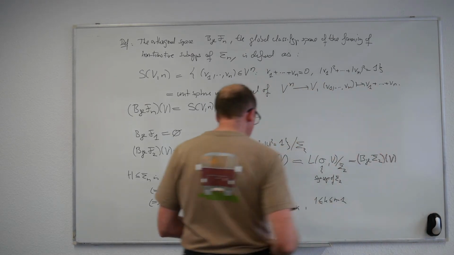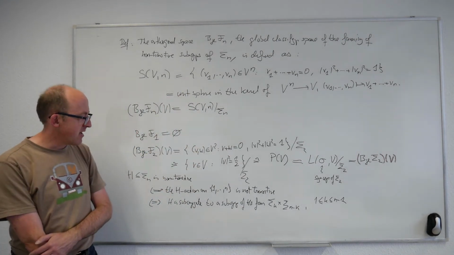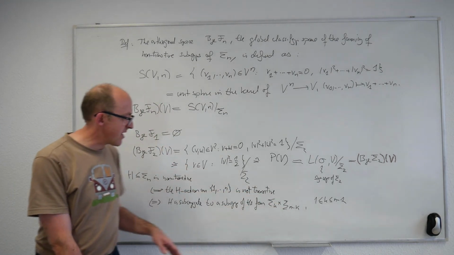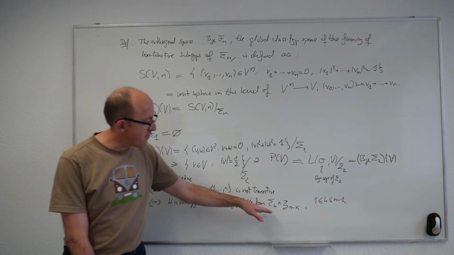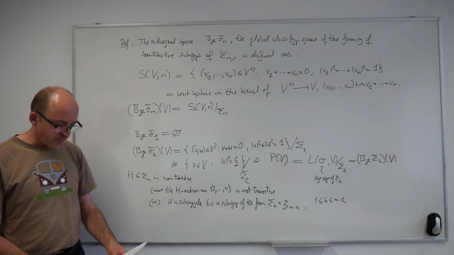So this is the subgroup which leaves the first k elements invariant and the last n minus k elements invariant. So this clearly is not transitive. It has 2 orbits, and if you're not transitive, you're a subgroup of one of these or a conjugate of this.